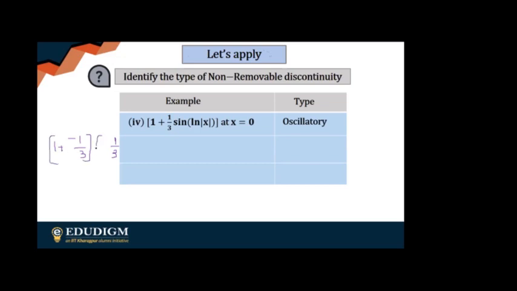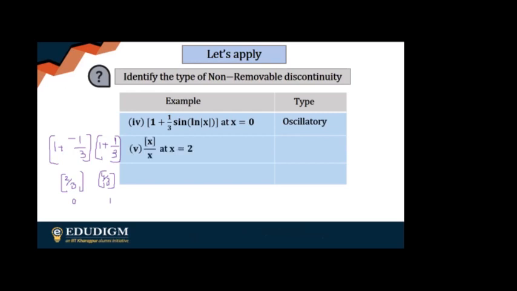Let's just take the box on both sides. So what is this? This is 2/3 and this is 4/3. Is this okay with all of you? So what is this box? This box is 0 and this box is 1. So this will actually be an oscillatory type discontinuity, and this value will oscillate between 0 and 1.